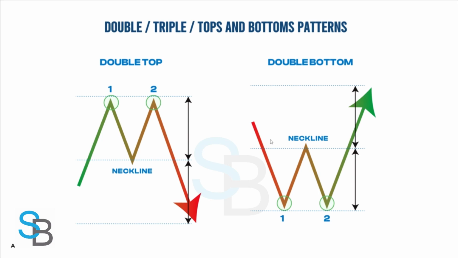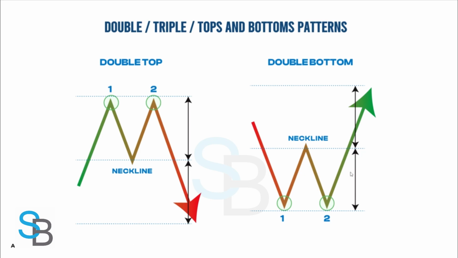It's the same thing for a double bottom, just that the double bottom happens in an inverse manner. So for the double bottom, instead of an uptrend, we have a downtrend coming. It hits this support level, goes up, hits this resistance level and forms the neckline, and goes down again, hits the support level for the second time, and we are looking to buy to make the profit like this.